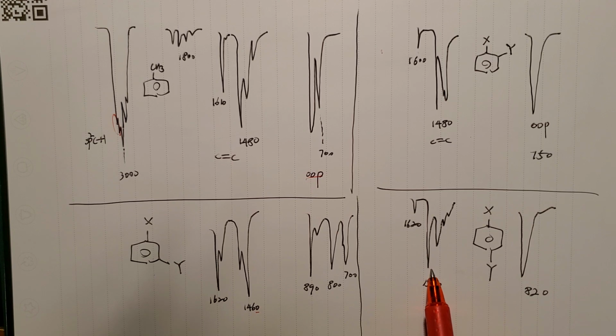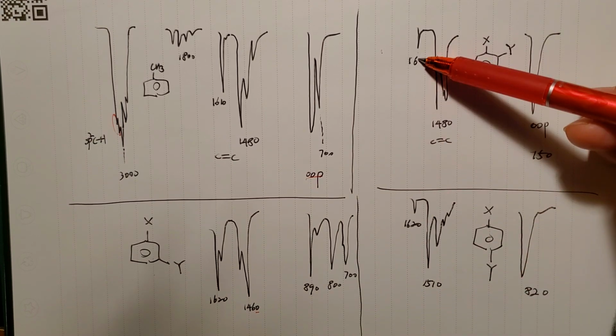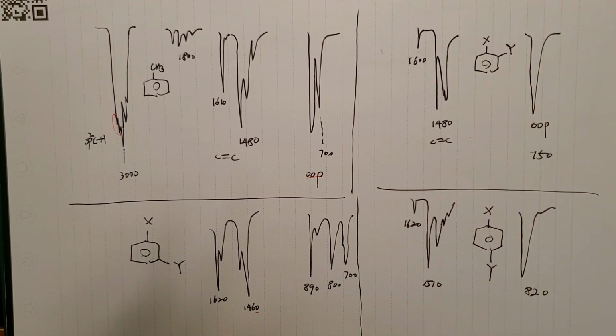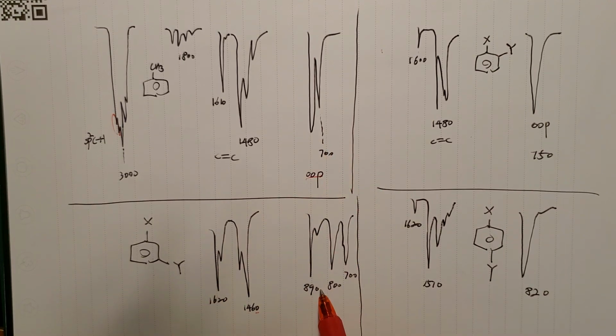Okay, so symmetric one, weak. And then mono and the meta, strong. And then even for the out of plane, the meta has many peaks, even over 800. Okay, so meta, easy to remember.